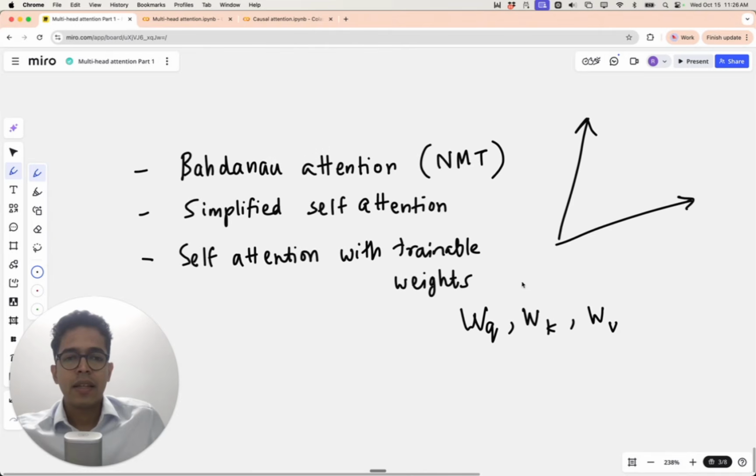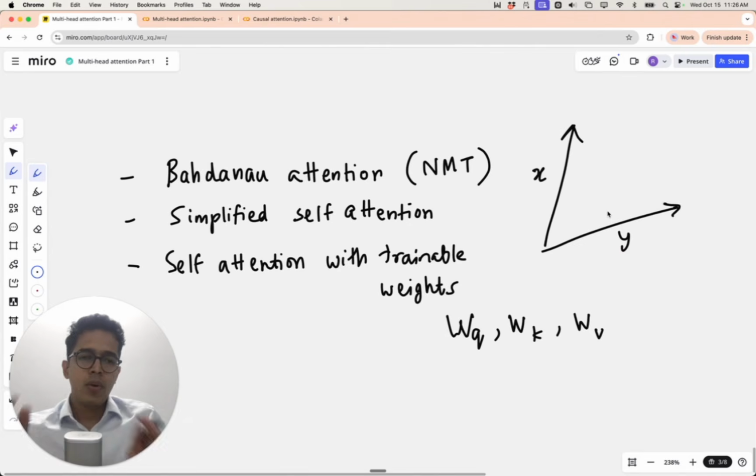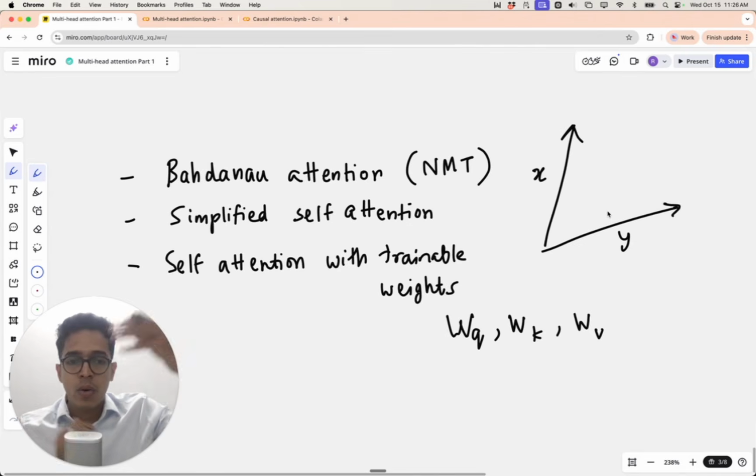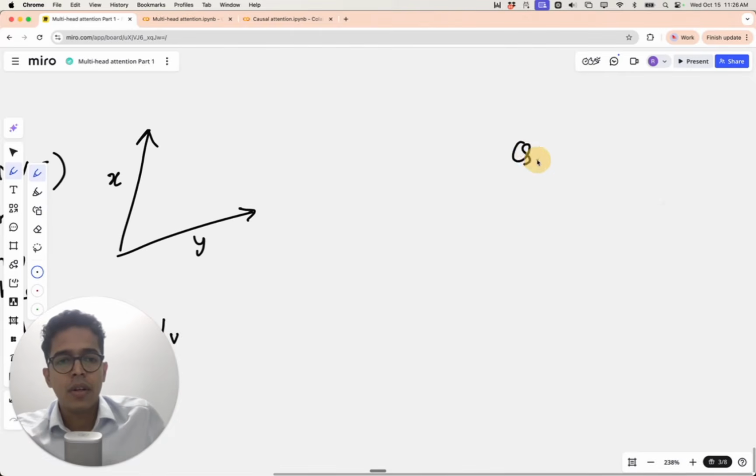Instead of directly taking the dot product between the two input embeddings, we transform those input embeddings into query, key, and value spaces. Then we take the dot product of the transformed input embedding in query space and the transformed input embedding in key space, so we got q.k transpose. And then we said we will scale this by the square root of the dimensionality of the key space, square root of dk.